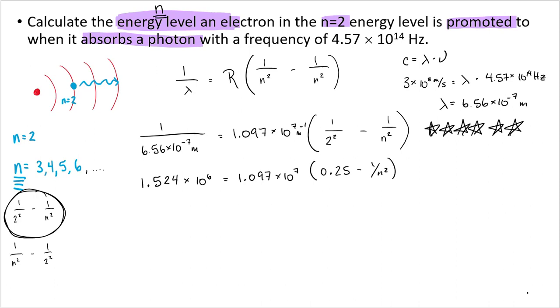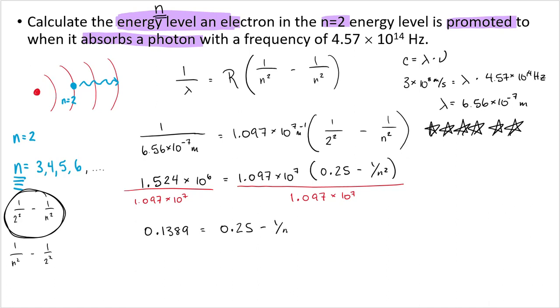Now, be careful here. This is where I want you to resist the urge to distribute and instead divide both sides by 1.097 times 10 to the 7th. 1.524 times 10 to the 6th divided by 1.097 times 10 to the 7th gives you a value of 0.1389 equals 0.25 minus 1 over n squared.